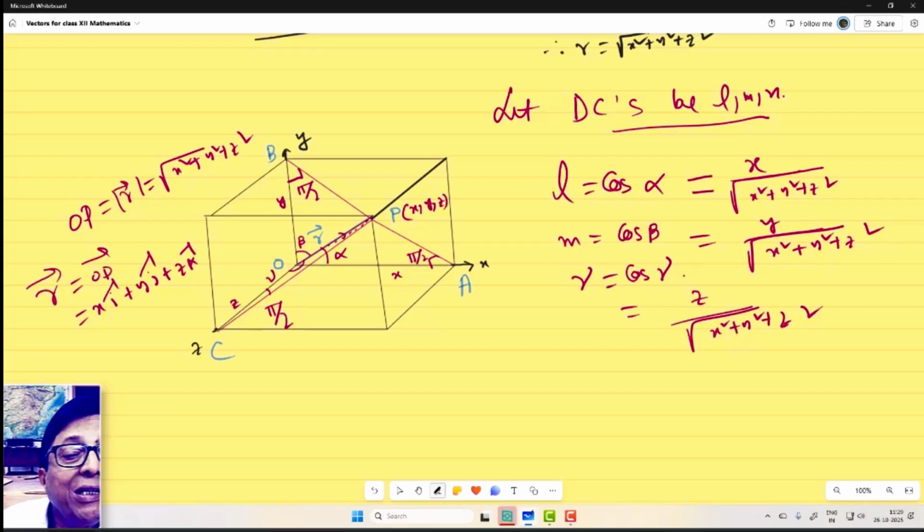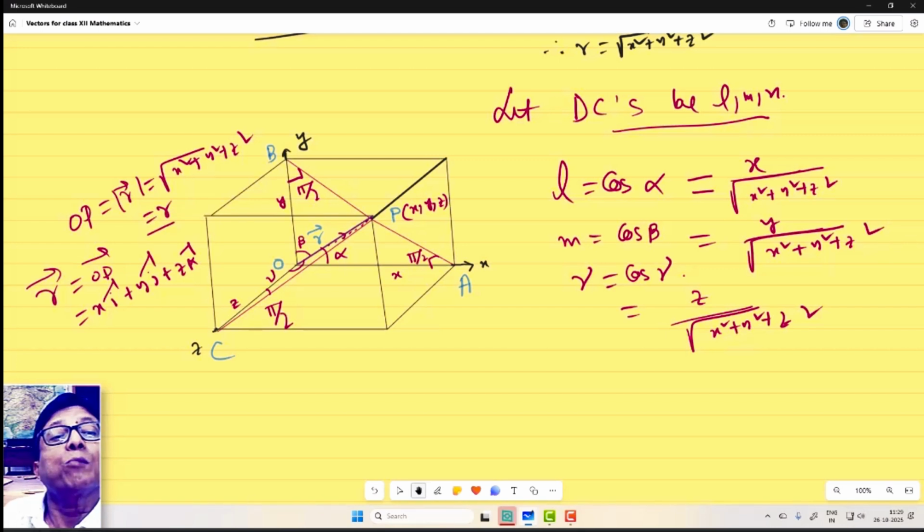And in this triangle OAP we have taken, in triangle OBP cos beta, and in triangle OCP we have written the cosine of this angle, base by hypotenuse everywhere. And R, a vector, you can write without modulus, without arrow. If you simply write this as R, that's fine.